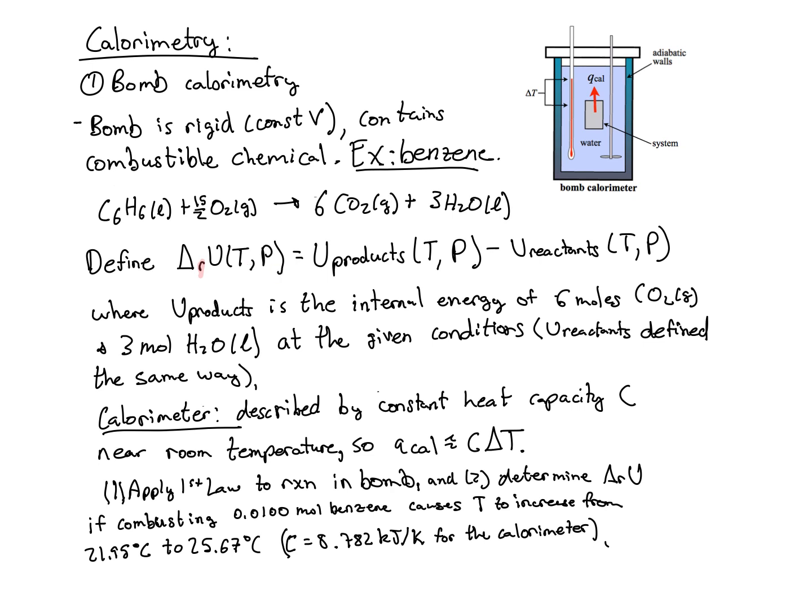When we're doing the calorimetry experiment, we can describe it by a constant heat capacity C near room temperature. I'm not specifying if this is at constant pressure or constant temperature. Probably doesn't really matter. In this case, though, this whole thing is the calorimeter, and the calorimeter is just freely in the room at, say, a constant pressure.